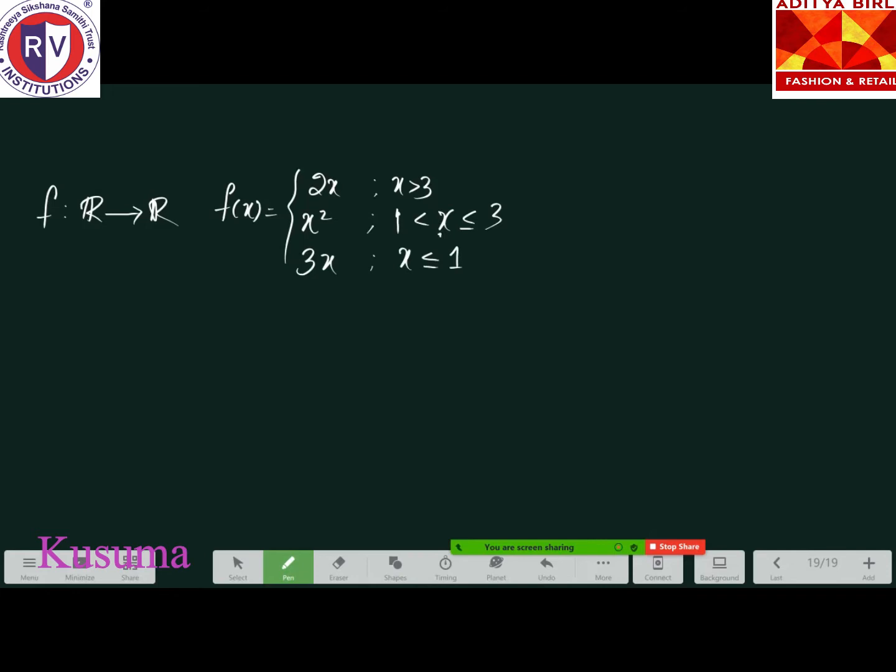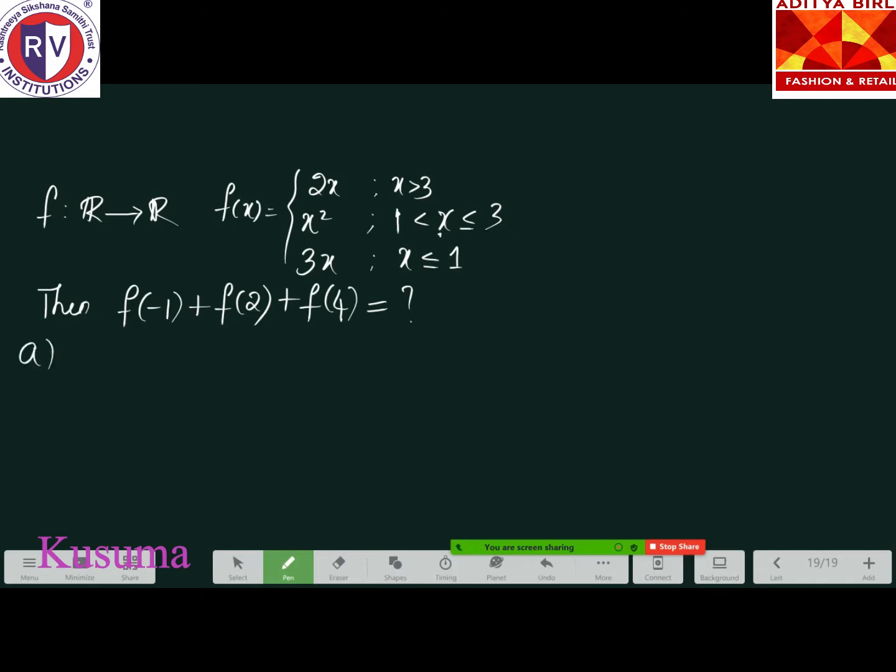Okay, so this is the definition of the function, and then we have to find out f of -1 plus f of 2 plus f of 4. So this is the thing we are supposed to find out here.